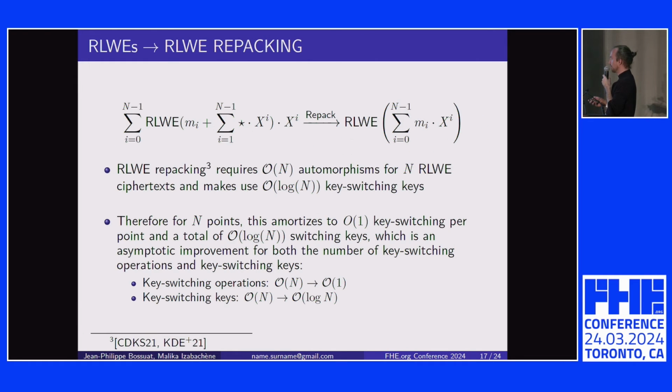Ring packing is something that has been worked on before, and essentially it requires one key switching operation per point and only log n keys. So this is quite a big asymptotic improvement over the original approach, because we now need only O(1) key switching operations per point, and a total of log n keys only.